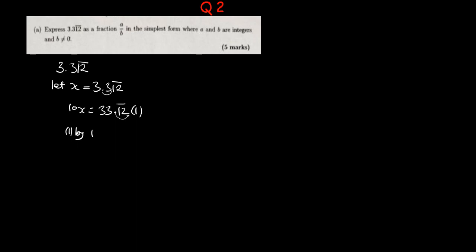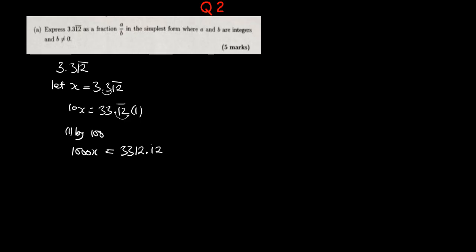Here we have 1000x is equal to 3312.12 bar. Since the digits were in a bar, they remain in a bar; we have just moved the point.